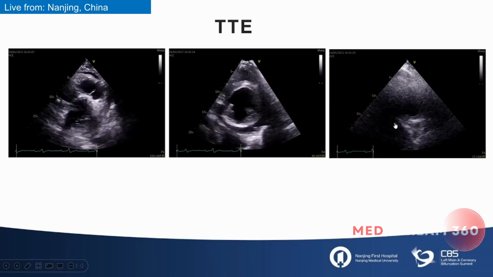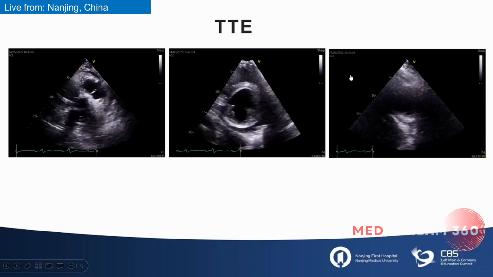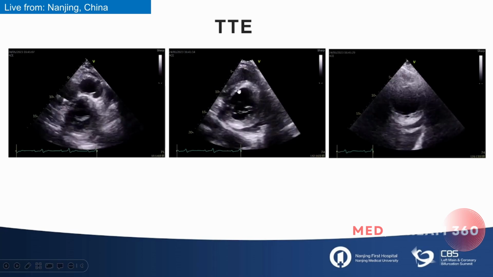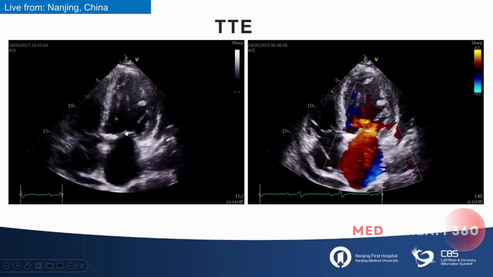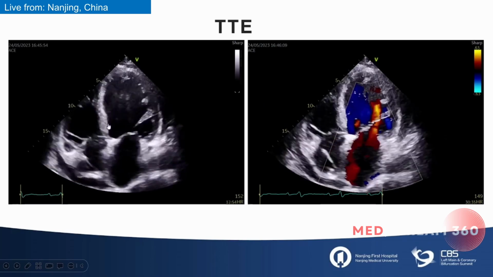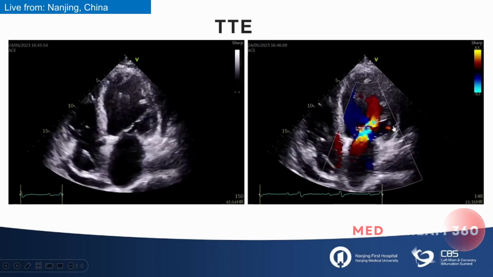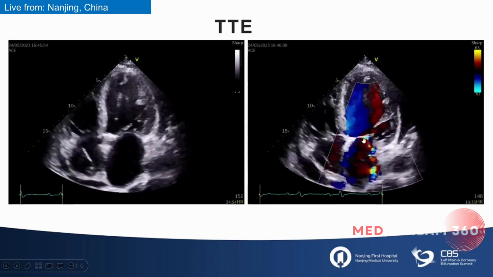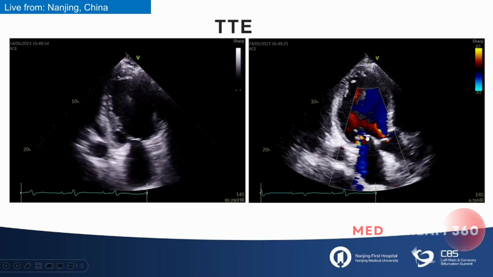And this is a parasternal short axis view of the left ventricle. From this view, we can see the global reduced movement of the LV. And this is the apical four-chamber view. From this view, we can see both right and left chambers dilated, severe LV dysfunction, and moderate to severe mitral regurgitation.